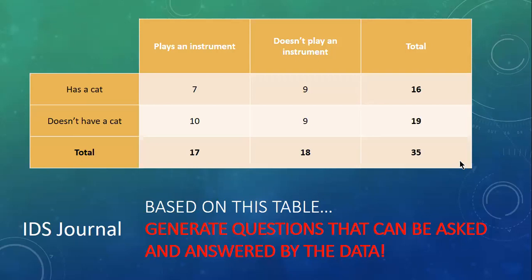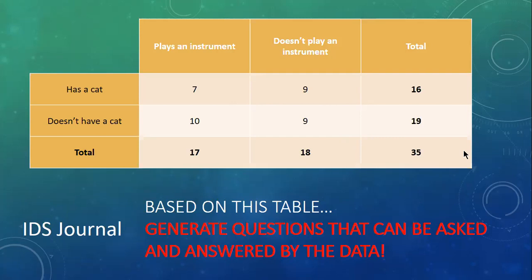We would have to dig deeper and talk to the kids again, right? But these are really good questions, okay? Unfortunately, we can't answer why by looking at the numbers.